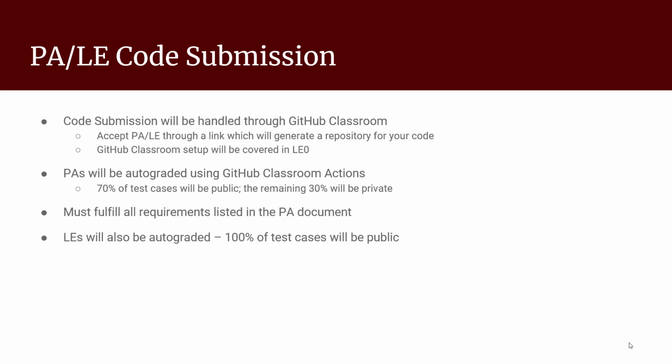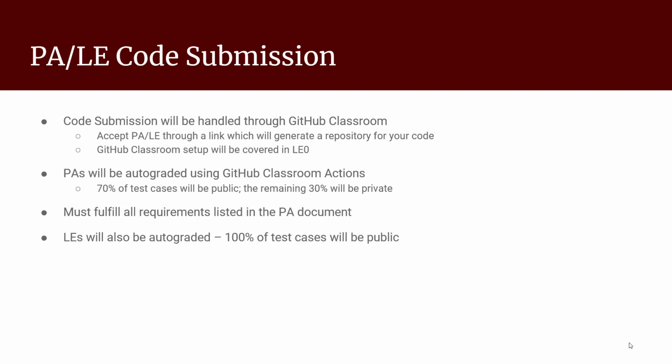So, code submission. We will be using GitHub Classroom to submit and manage code. Each assignment has a document that has a link where you can accept the assignment. Once you accept the assignment on GitHub, it will generate a repo.